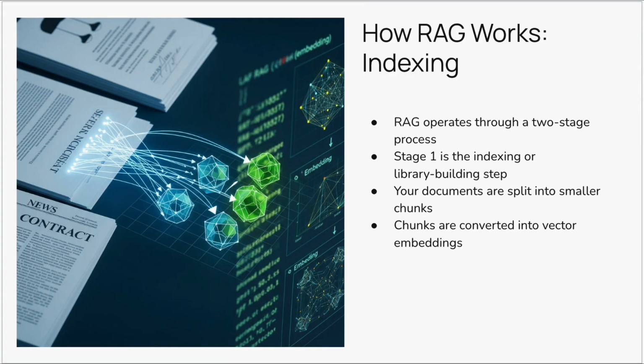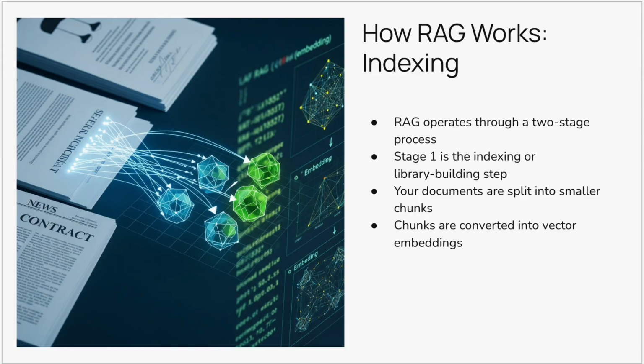So, how does this work in practice? RAG is a two-stage process. The first stage is indexing, which you can think of as an offline preparation or building your own library. First, we load our documents: PDFs, websites, text files, internal documentation.